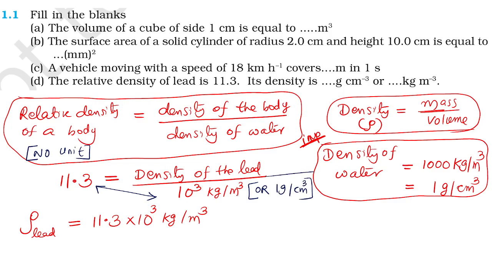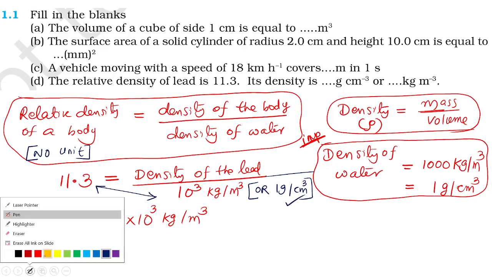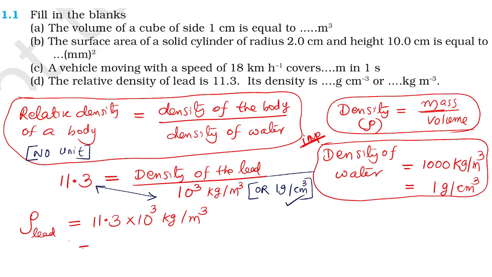If you use 1 gram per centimeter cube and do the cross multiplication, the density of the lead will be 11.3 into 1 gram per centimeter cube, or 11.3 gram per centimeter cube. So density of the lead is 11.3 into 10 raised to 3 kilogram per meter cube or 11.3 gram per centimeter cube. Please read all these steps.